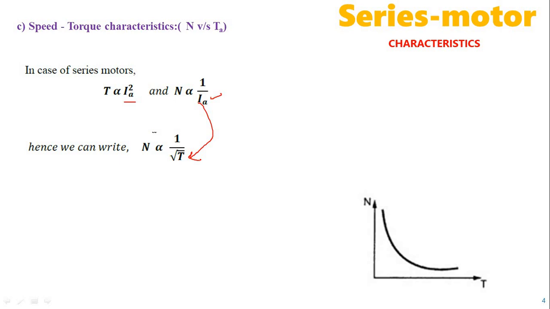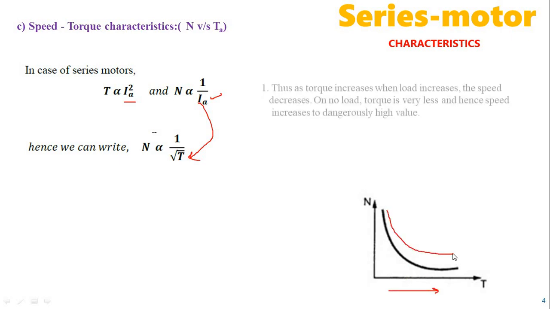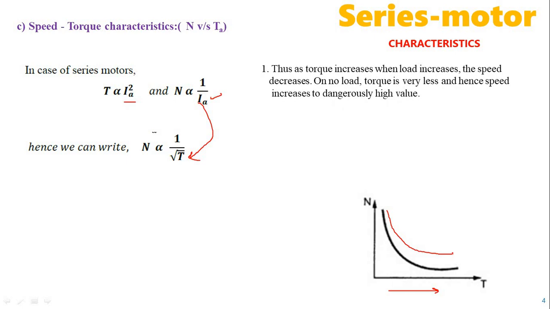If the torque increases, speed is going to decrease, so it gives the same shape as the speed armature current characteristics. The torque increases when the load increases, that is according to the back EMF effect, that is the back EMF significance.